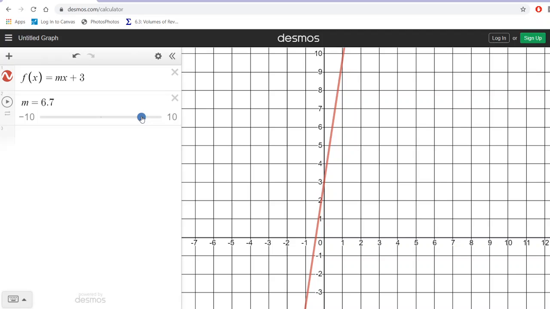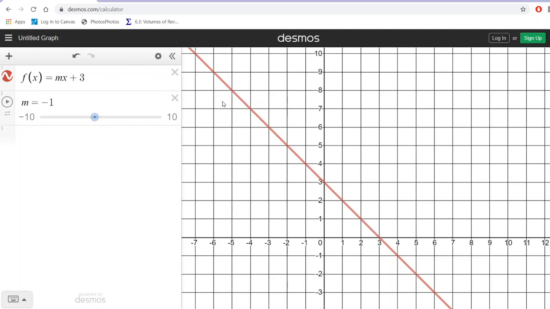When you have a slope that is bigger than 1, it's going to look steeper than 45 degrees. Now, if I bring the slope less than 1, but still positive, it's going to look less steep than 45 degrees, right? It's not going up as quickly. And then if I bring the slope to negative, let me first go to -1.